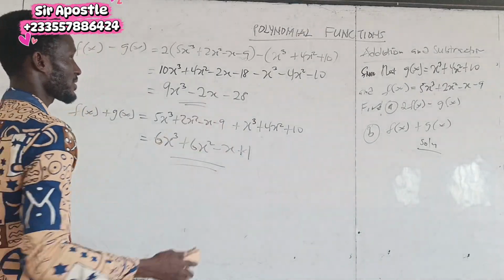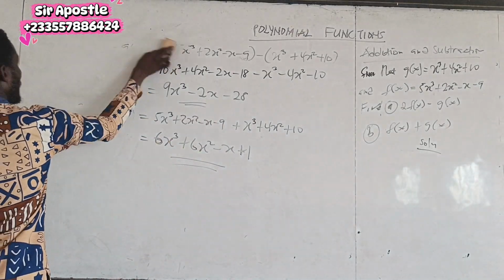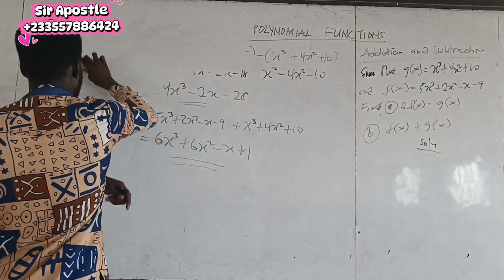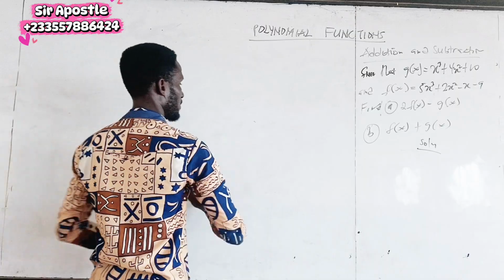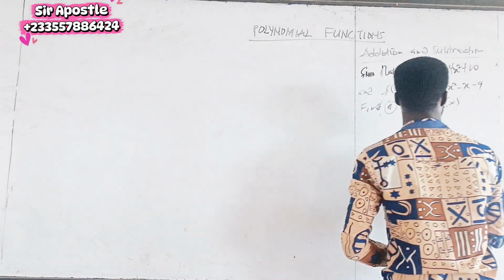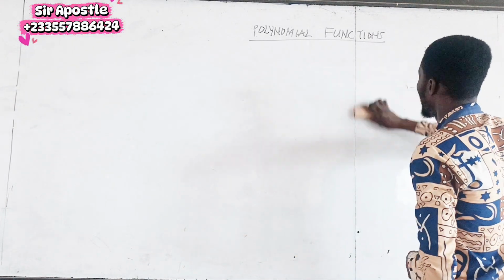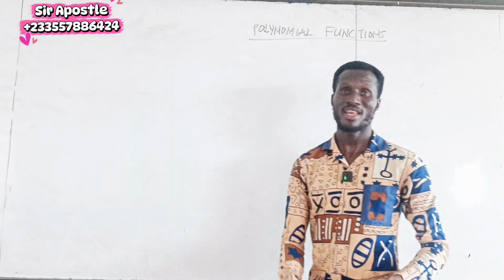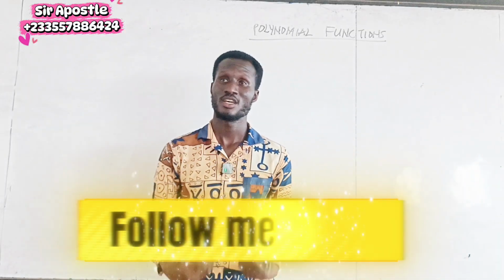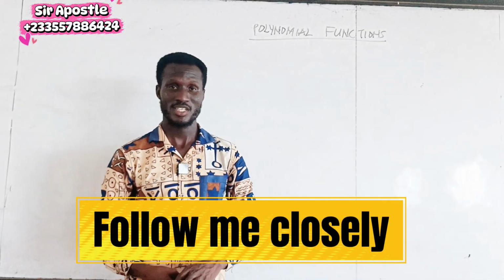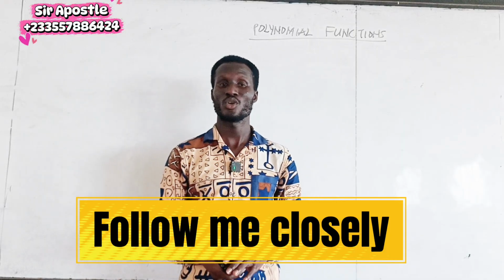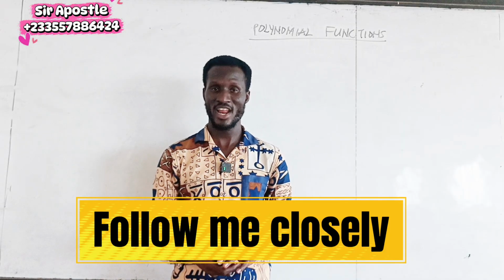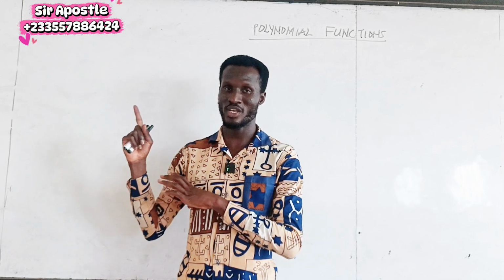Now let me talk about multiplication of polynomials. Don't forget the polynomials can be linear, quadratic, or exponential. Don't forget that in the last video we talked about polynomials, quadratic functions and quadratic equations. So go and watch more videos on the quadratic equation.